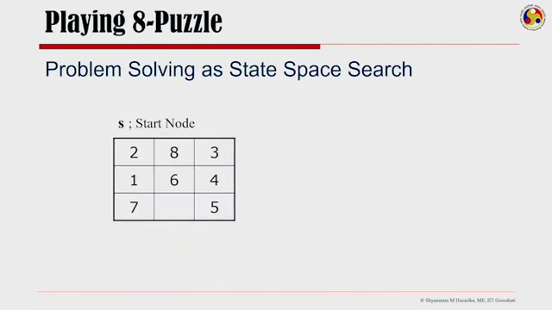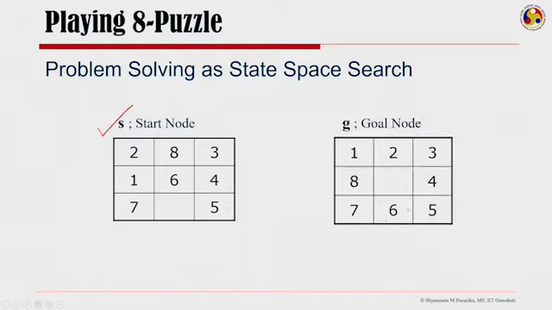So let's look at problem solving as state space search, and this is the start node which I wanted all of you to take note of. This has 9 tiles, one of them is blank, and you move the blank around to arrive at this goal position. Now, in the last class, we looked at how these expansions can take place given the 4 operations.